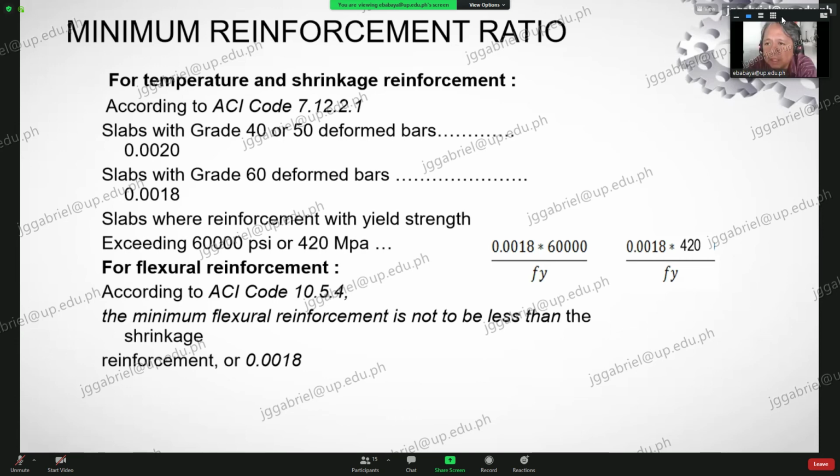When the concrete sets, of course the water evaporates. To minimize the shrinkage, we provide this. That is also one use of these reinforcements, which are perpendicular to the moment reinforcements.